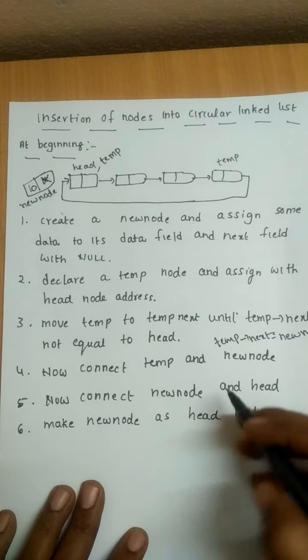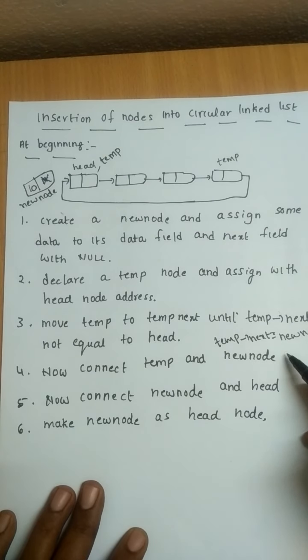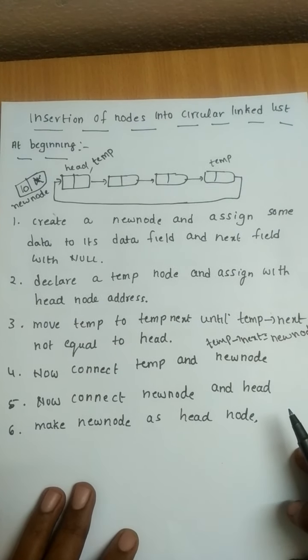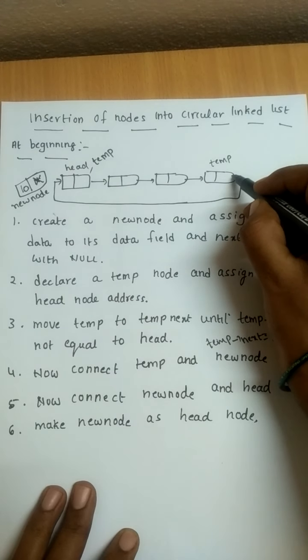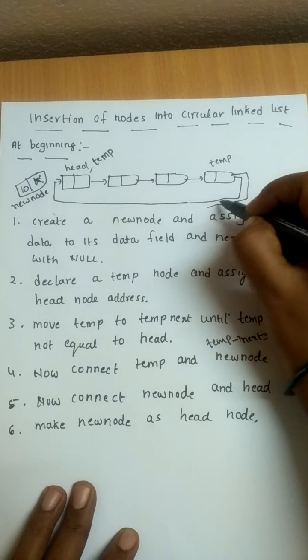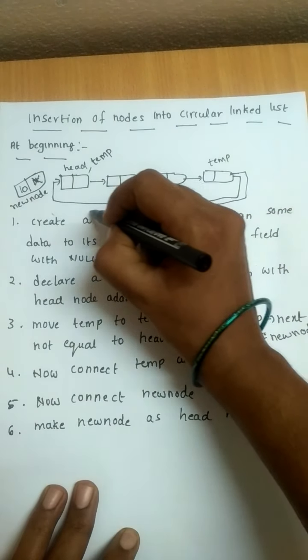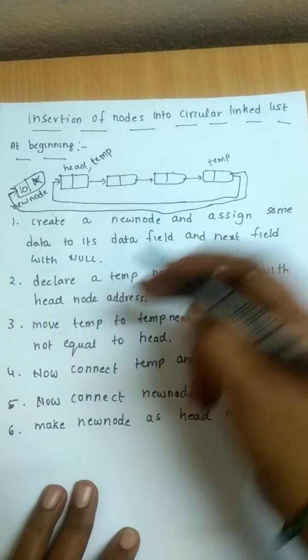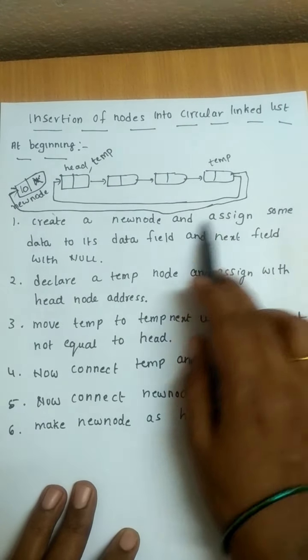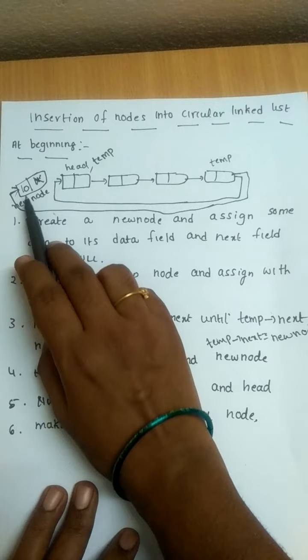By using this step, temp of next equal to new node, connect temp and the new node. Previously temp is connected to the head node, now connect temp and the new node.